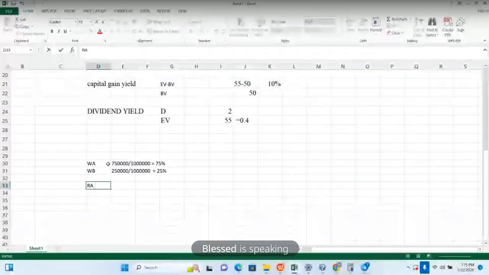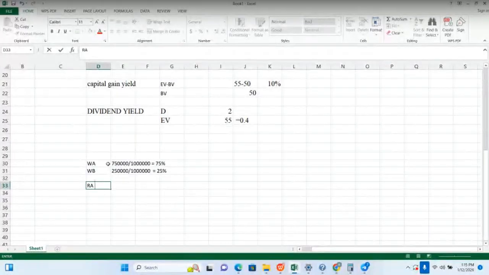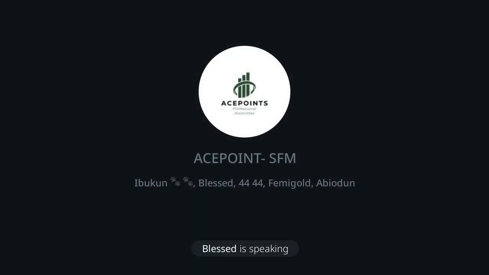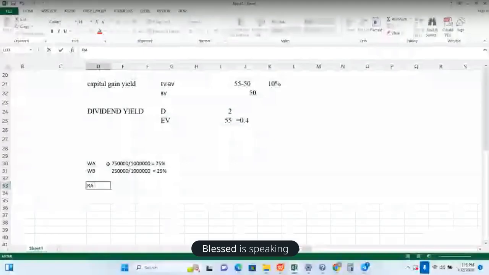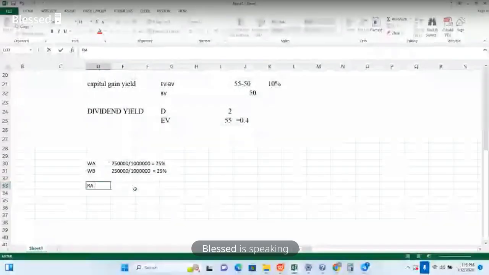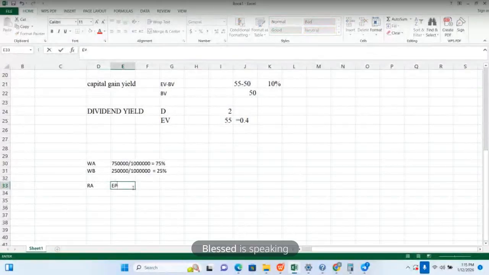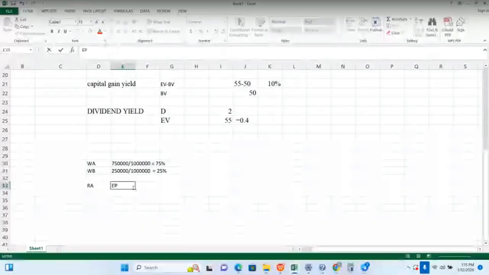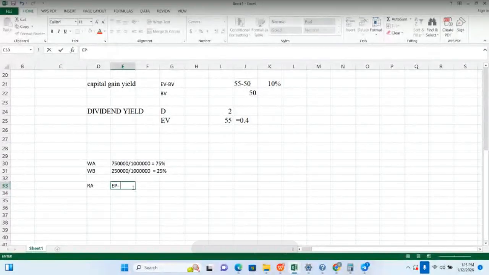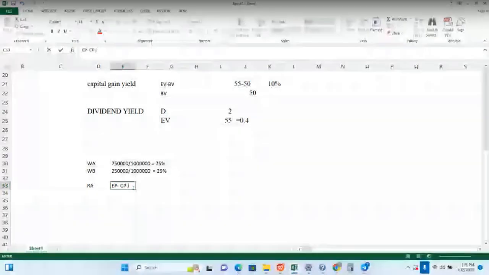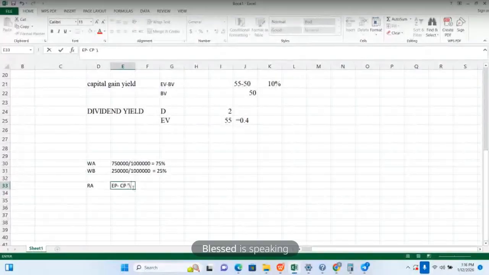So the expected return is the expected price minus the current price, plus the dividend, divided by the current price.